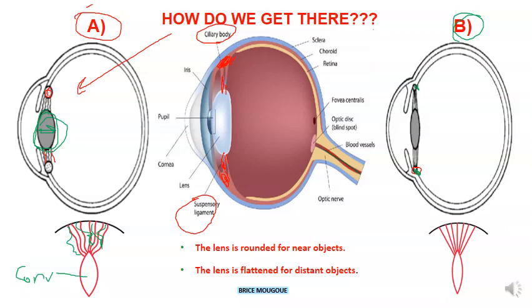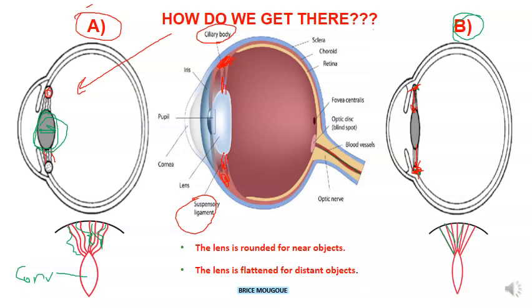And the moment they relax, they become more flattened, such that they will pull on the suspensory ligaments, which will also pull on the lens, because the suspensory ligaments have become more tense or taut or tight. That's what's happening down here. The suspensory ligaments have become more tight.